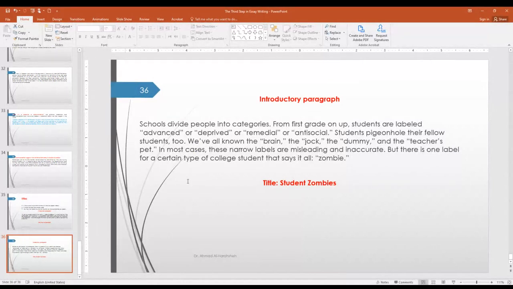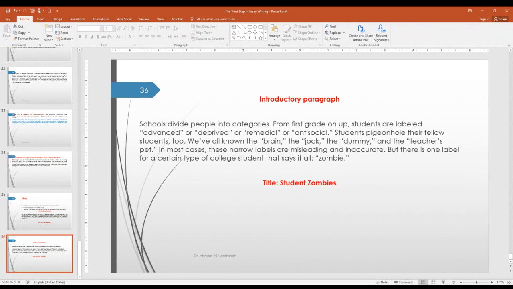Another example here. This is an introductory paragraph. Schools divide people into categories. From first grade on up, students are labeled advanced, deprived, remedial, or antisocial.